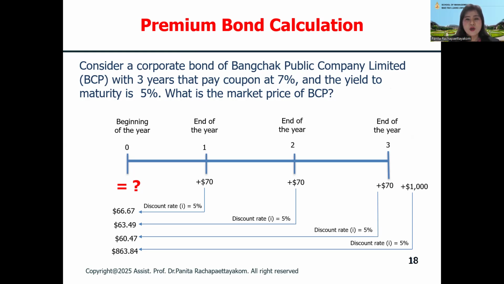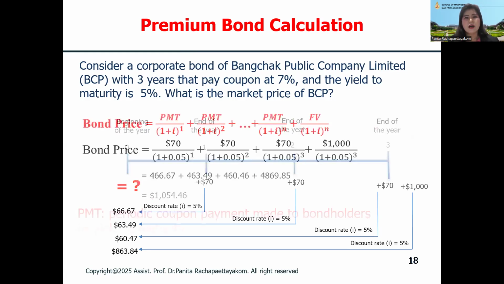So if you want to get this BCP corporate bond in order to receive the coupon payment of 7% every year, you need to pay a price at the beginning of the period greater than 1,000 Thai baht.